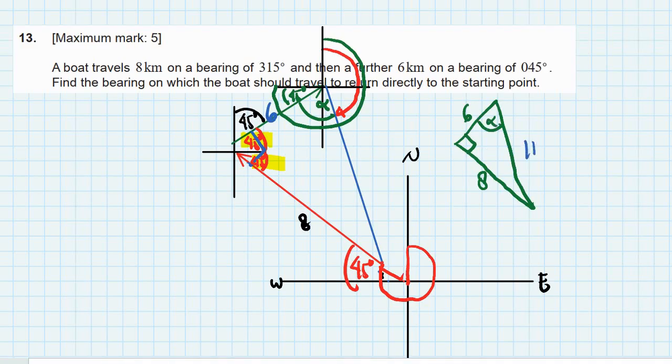This is the hypotenuse, this is the opposite in front of the angle, and this is the adjacent. We will use opposite and adjacent, which is tan. So the angle alpha equals tan inverse of opposite 8 divided by adjacent 6.